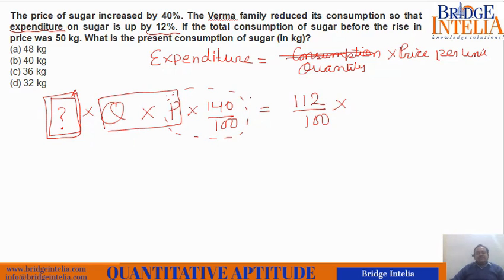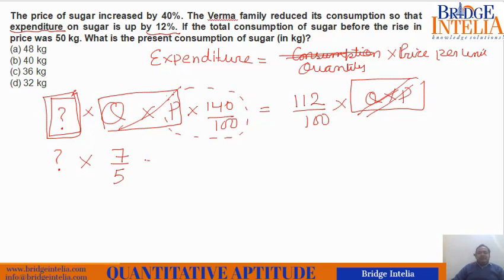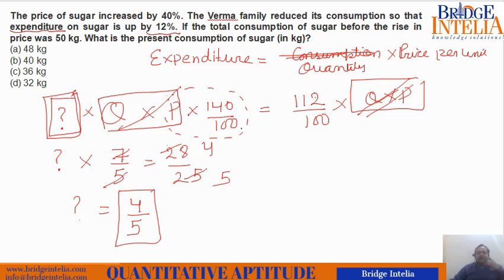So the initial expenditure is Q into P, and you can cancel this. So the missing number: 140 by 100, so 7 by 5, is equal to 112 by 100. So both are multiples of 4. So 28 by 25. So 7 4s are this, 5 times. So the missing fraction is 4 by 5. What does this mean?